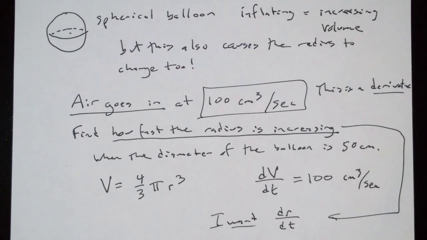Now, I don't know personally of very many situations where I need to know how fast the radius of my balloon is changing as I push more air into it, except one. In California, no, I've forgotten what year it was. Look up Highway 880 on your internet device. Highway 880 in California.